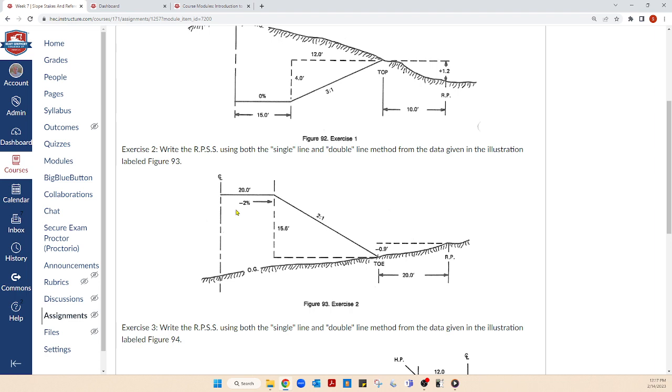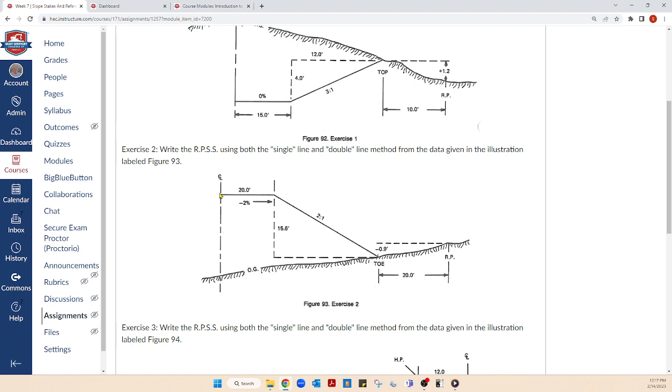So not only do I go 15.6, I have to add 0.4. That's 16. So it would be fill 16 feet. And that would give me enough to be higher than this.